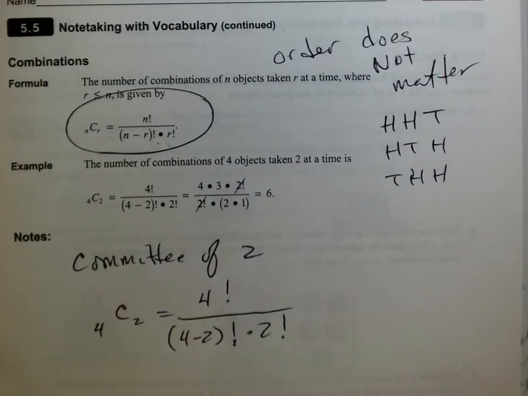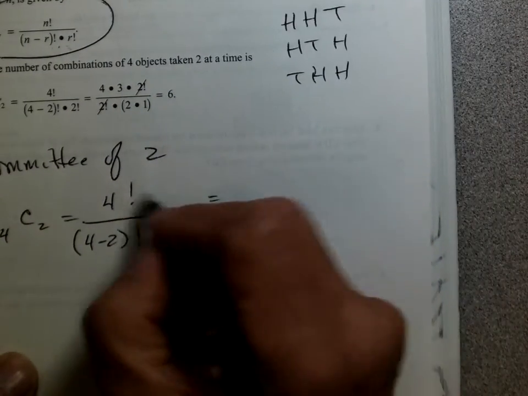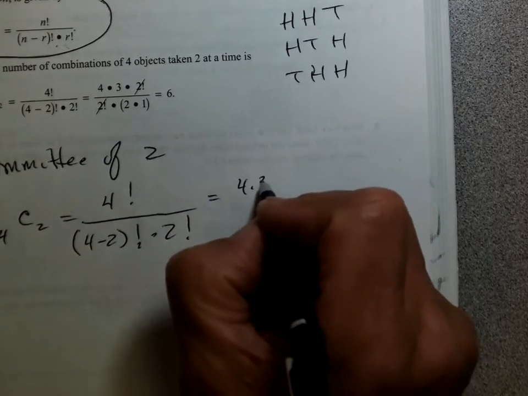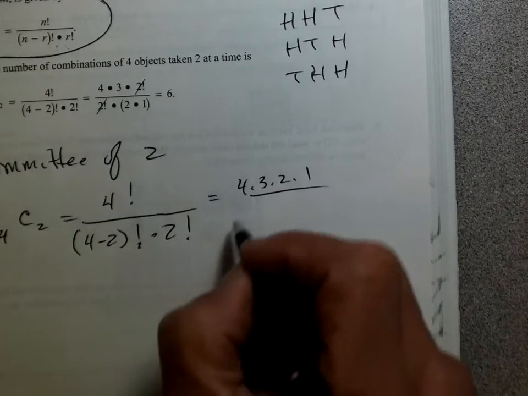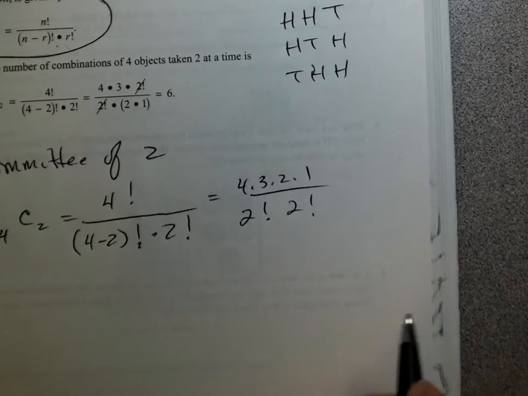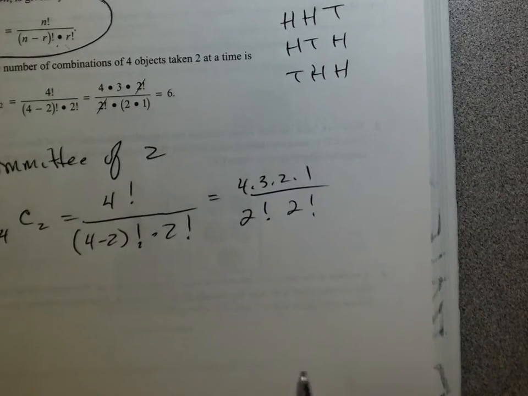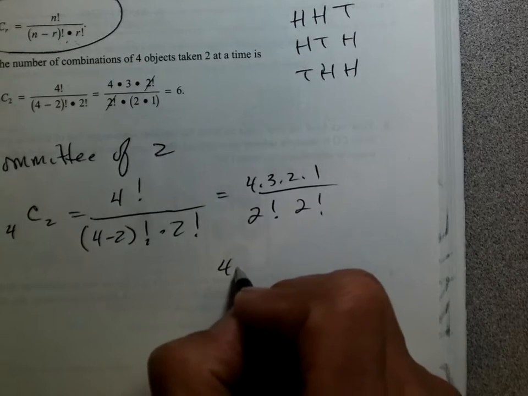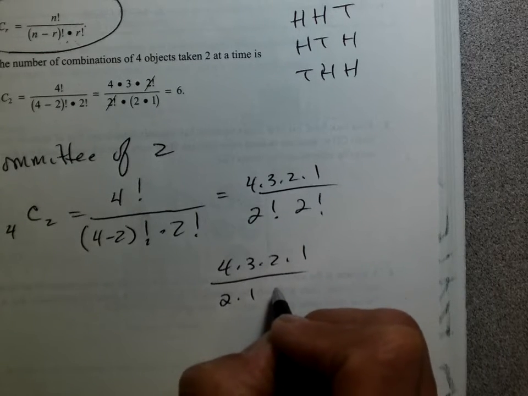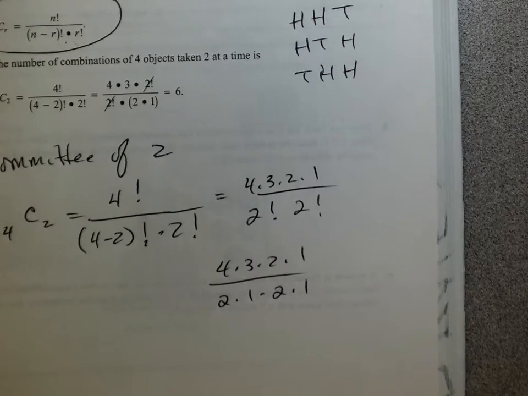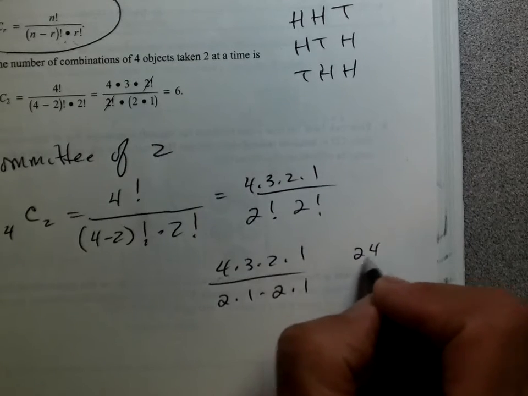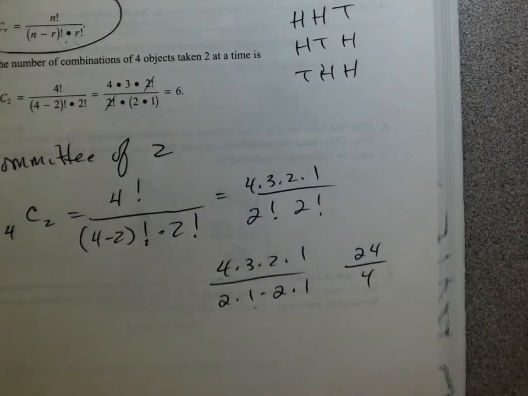I'm just following the formula. 4 factorial is 4 times 3 times 2 times 1, over 2 factorial times 2 factorial, which is 2 times 1 times another 2 times 1. I'll get 24 over 4, which is 6.